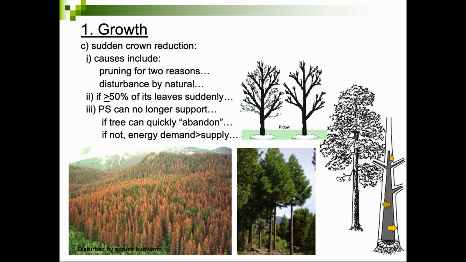Now, if you take a look at the figure on the right-hand side, you have this plant all the way to the right, this black and white plant, and let's just say most of its canopy is removed. The only way this plant will continue to live is if it can quickly abandon much of its cambium tissue.